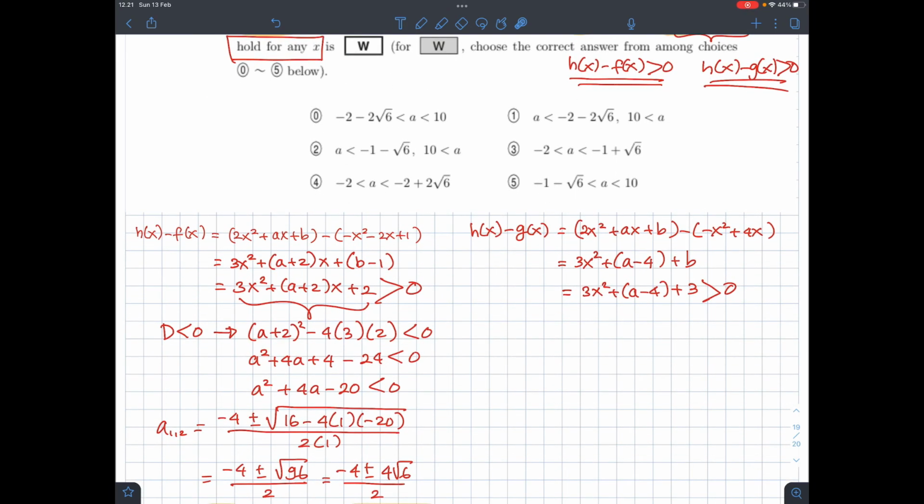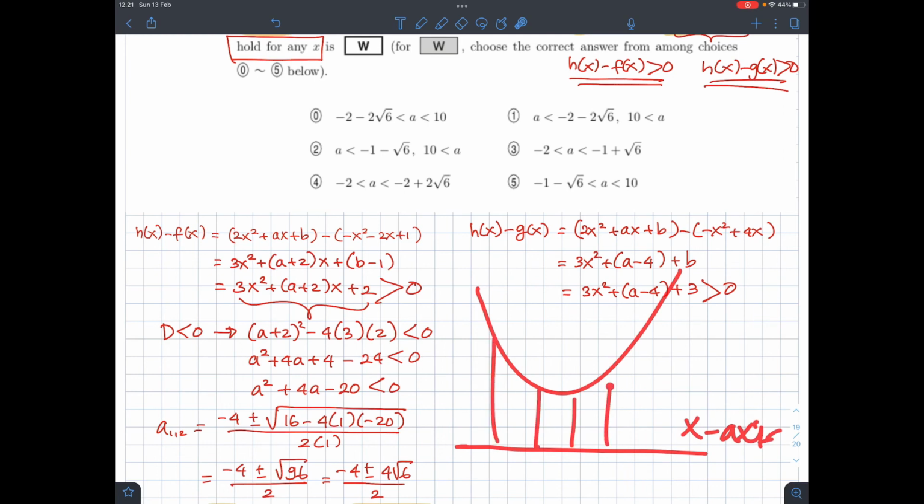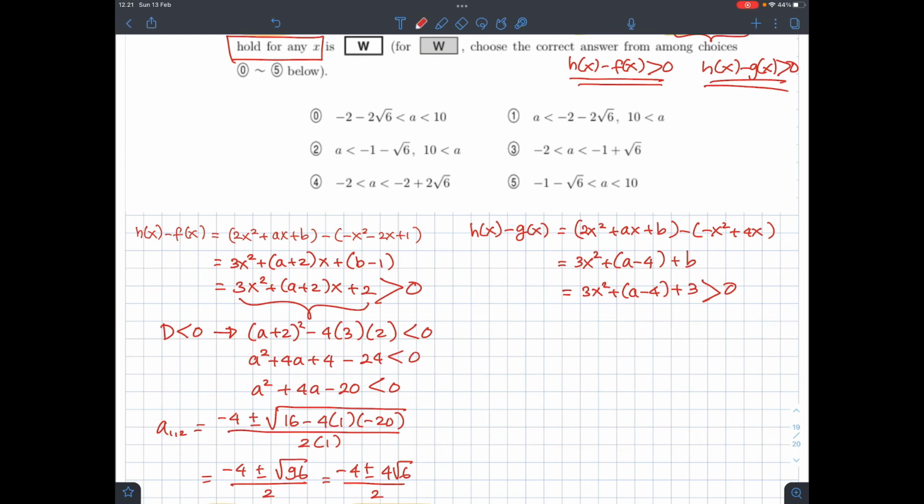Again, the quadratic function is always positive. It means it doesn't have an intersection with the x-axis, always positive. It can only happen if the discriminant is negative. So we do exactly the same, it should be negative.